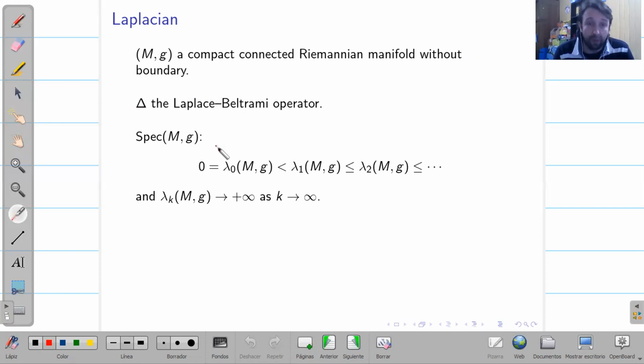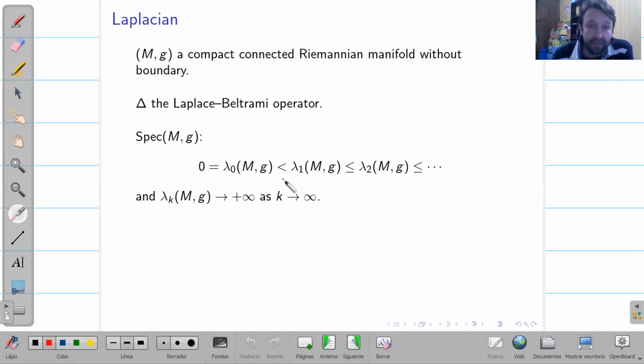We will need the following, because of some properties of these operators. The spectrum, which means the multiset of eigenvalues, is real, actually non-negative, and is discrete, which means that there are no accumulation points on the real line.